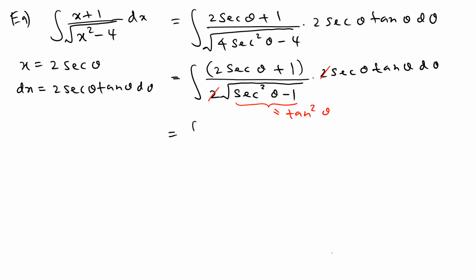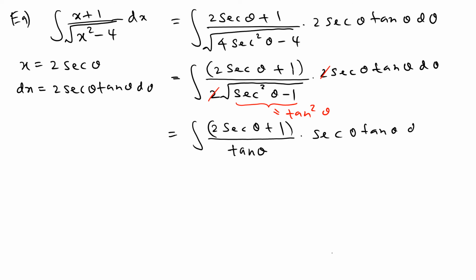Now what you get is 2 secant theta plus 1 divided by tan theta, because under the square root tan squared is just tan, and we have secant theta tan theta d theta, and you can see tan gets cancelled.